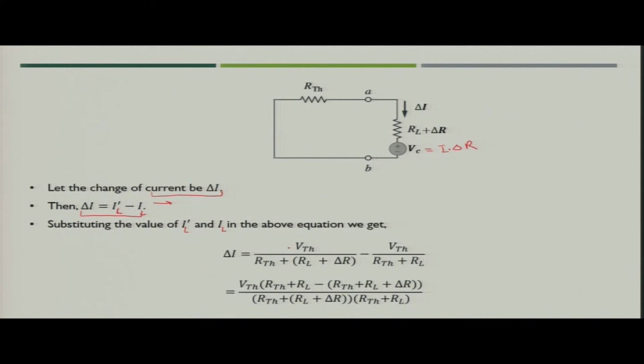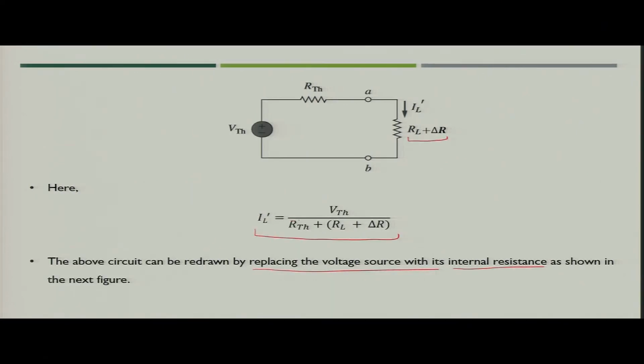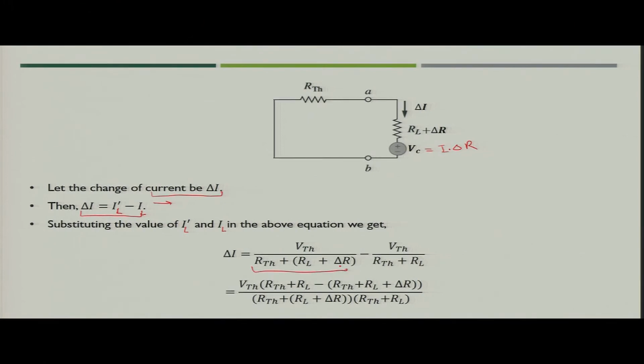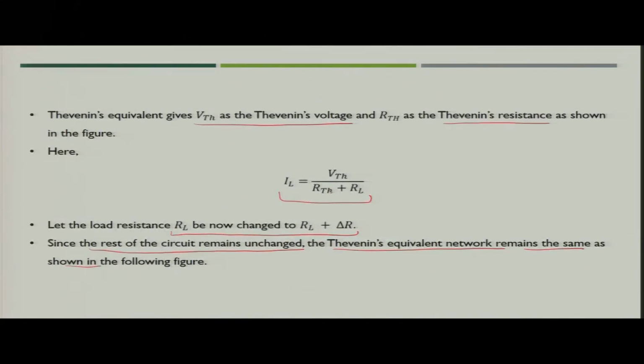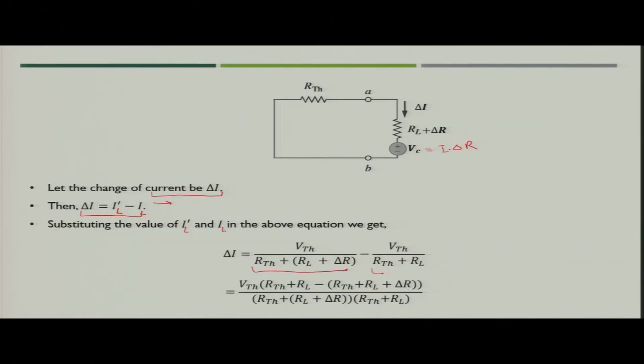Delta I is nothing but, what is I L dash? I L dash is nothing but V T H divided by R T H plus R L plus delta R. So, we have put the value for I L dash. What is the value of I L? I L was V T H upon R T H plus R L. So, we have again put the value of I L.